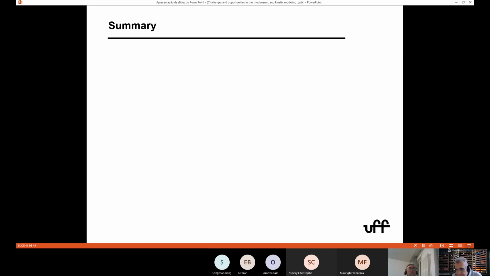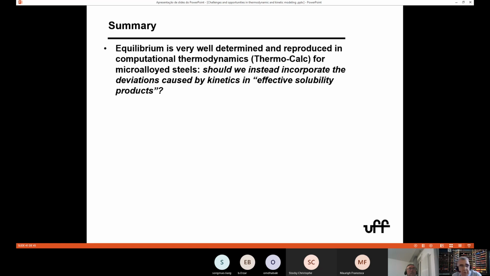So in summary, because you're probably all tired, it's late in the afternoon, there's a Prosecco waiting, I think equilibrium is very well determined and reproduced using CALPHAD, and for microalloying steels in special. So I don't think we should use anymore these effective solubility products unless you're just controlling the production.